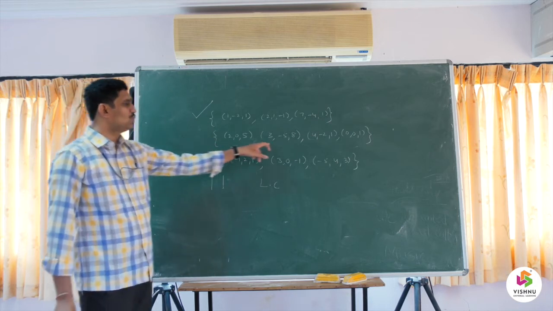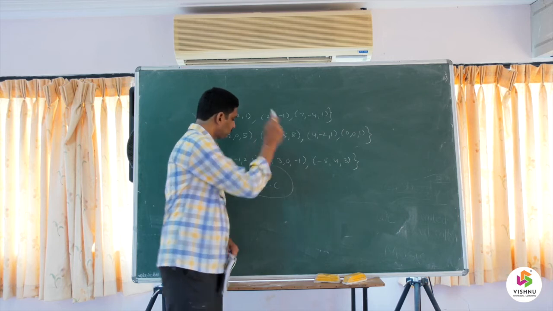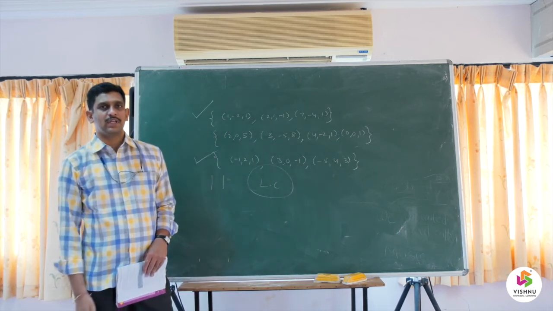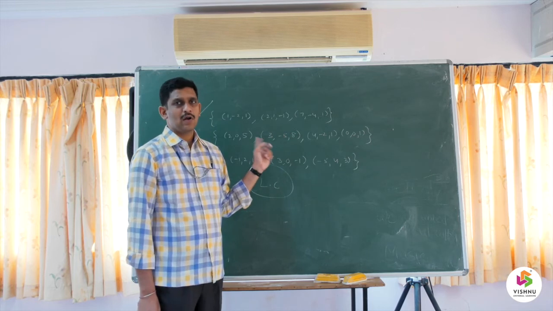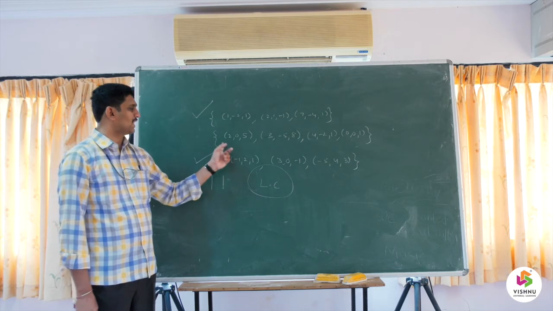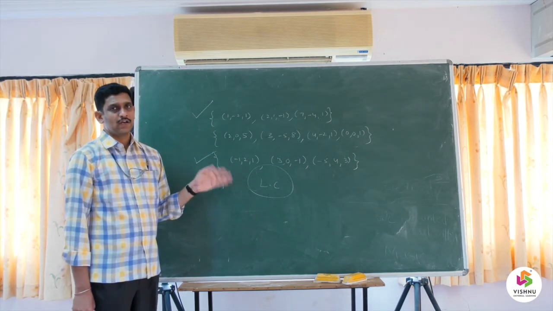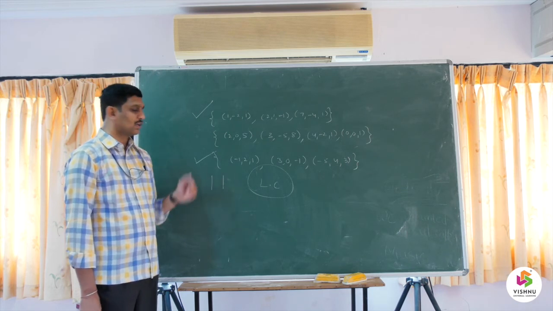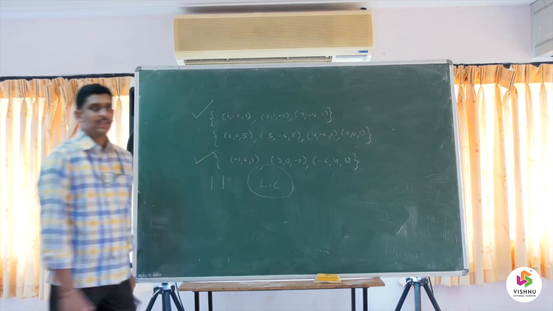For problem number 2, you have only one approach available, that is the linear combination method, because it contains 4 vectors, all of which are 3D vectors. So we need to do only one approach for the second problem, whereas for the first and third problems, you can do the two approaches, the linear combination approach as well as the determinant approach. Okay? You take a note of these problems. Then I continue further.